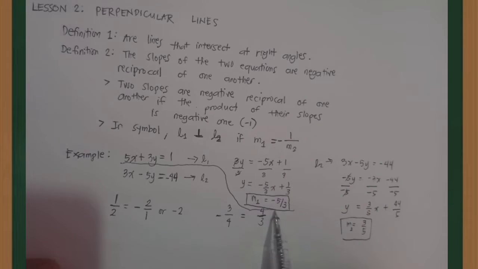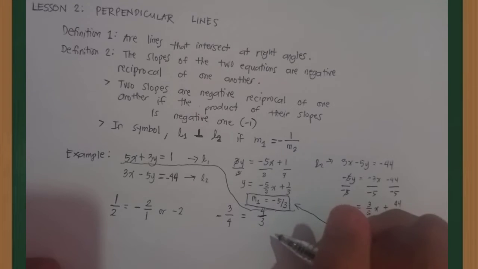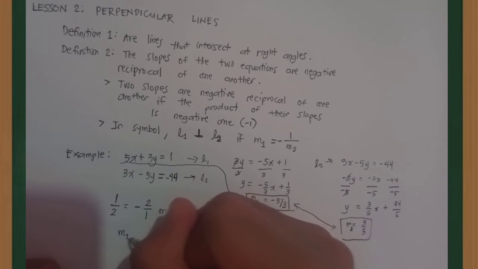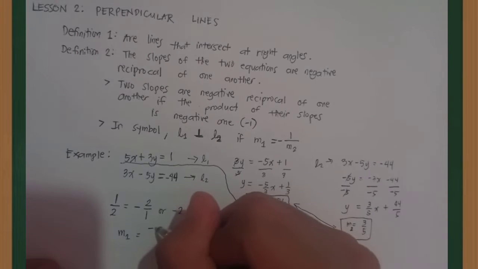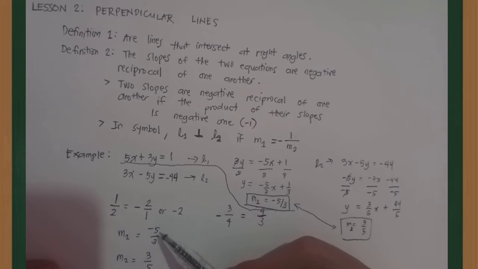If we compare the two slopes, you can observe that the slope of the first line is negative 5 over 3, and the slope of the second line is 3 over 5. So they are negative reciprocals of each other. Negative 5 over 3 is the negative reciprocal of 3 over 5.